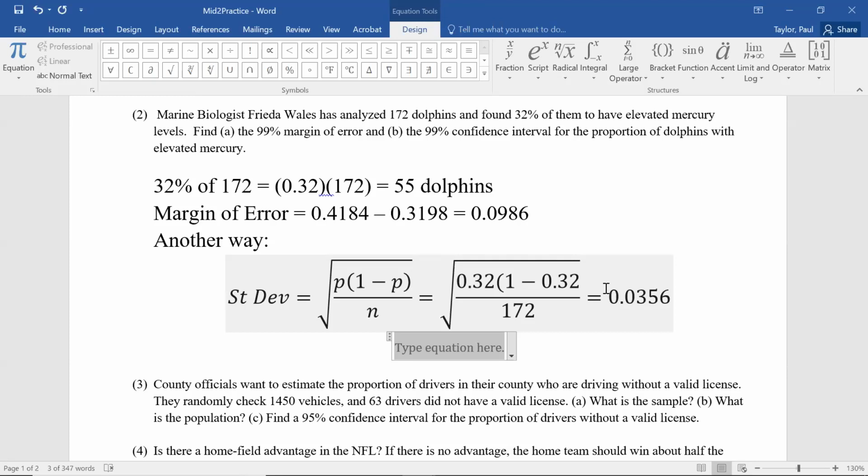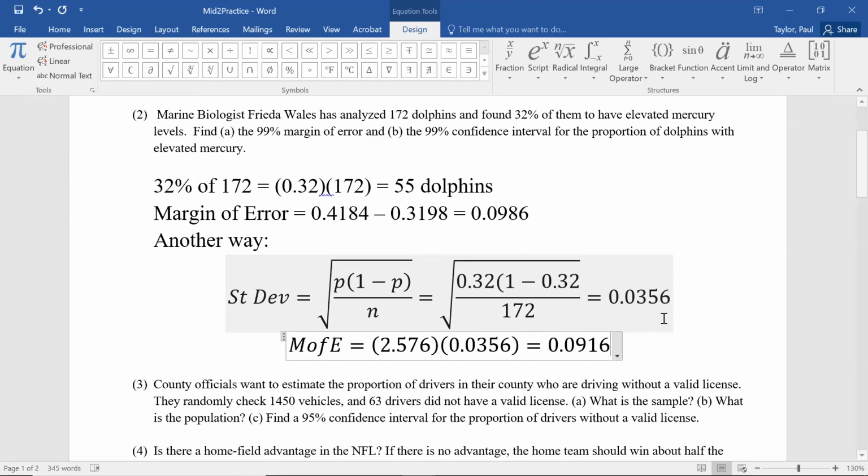During the normal distribution chapter, or maybe the confidence interval chapter, we talked about how those cutoff points are 2.576 standard deviations from the mean. So our margin of error is equal to 2.576 times our standard deviation, and this comes out to 0.0916.